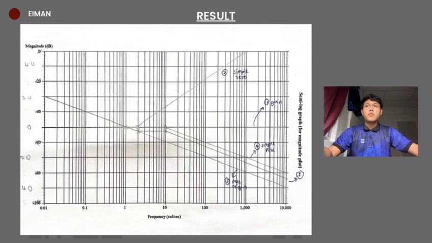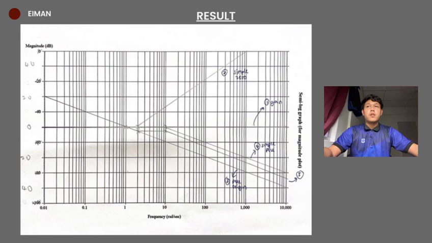The transfer function we work with is H(jω) = 5(jω + 2) / (jω(jω + 10)). The transfer function has a constant gain of 5, 1 zero at ω = 2, 1 pole at the origin and 1 pole at ω = 10.